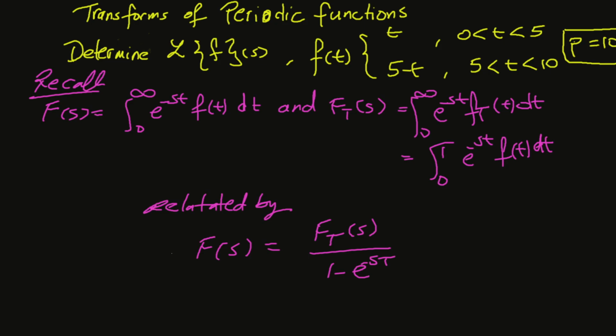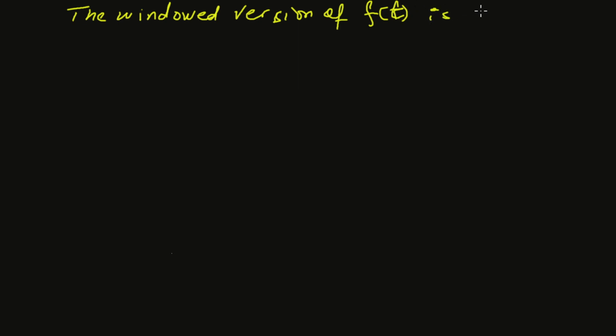Alright, so let's do that. So the windowed version of f of t, in order to apply the transform on it, we're going to call it f sub capital T of t, and we're going to use the kind of rectangular form that we saw, and it's a formula.